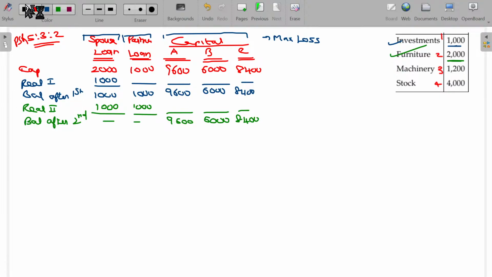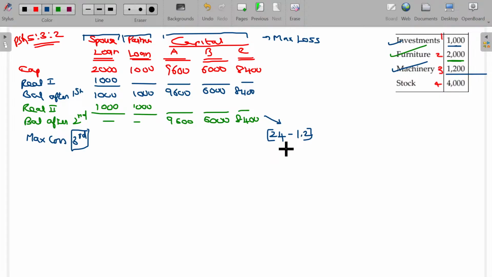In the case of third realization, as we follow the maximum loss method, you have to find out the maximum loss. Maximum loss in third realization. How much is payable to the 3 partners? 24,000, am I right? How much money did we get in third realization? 1,200.